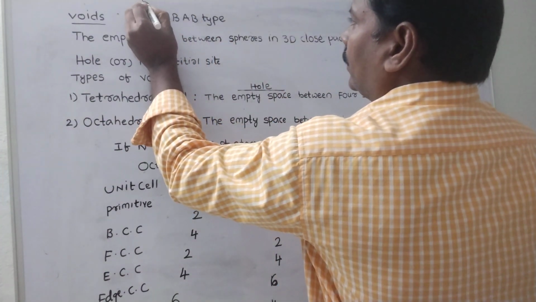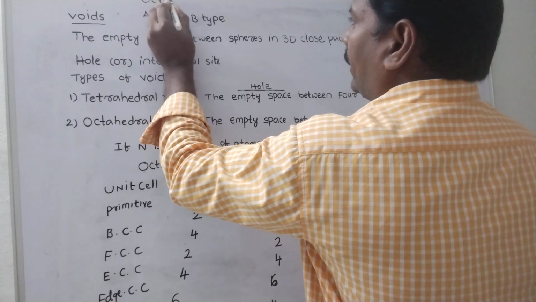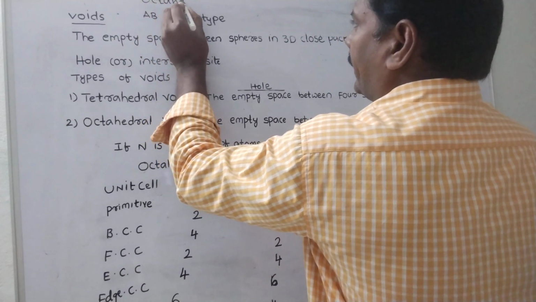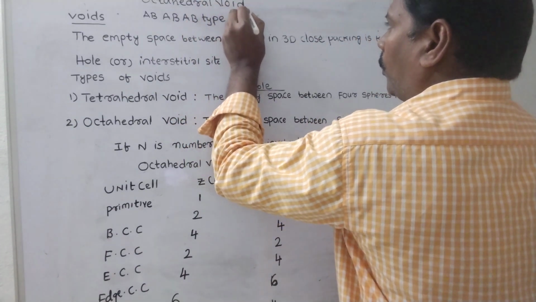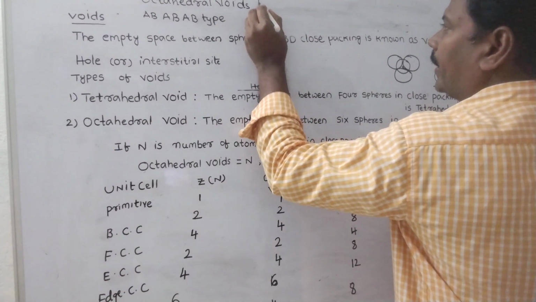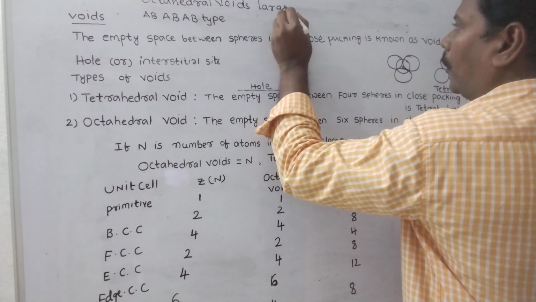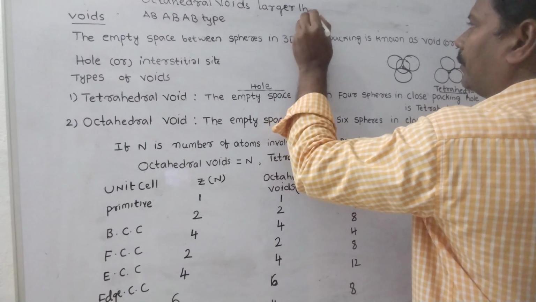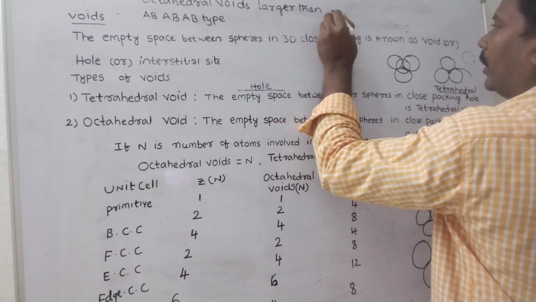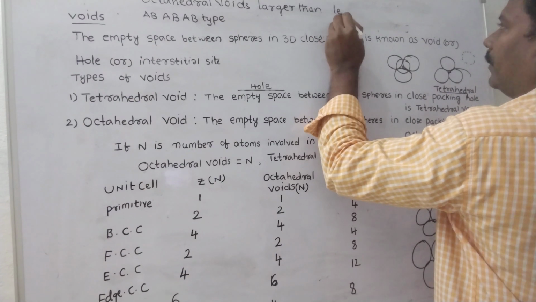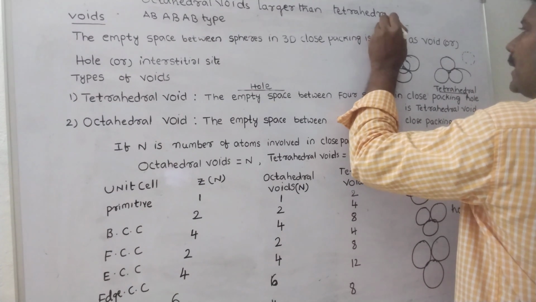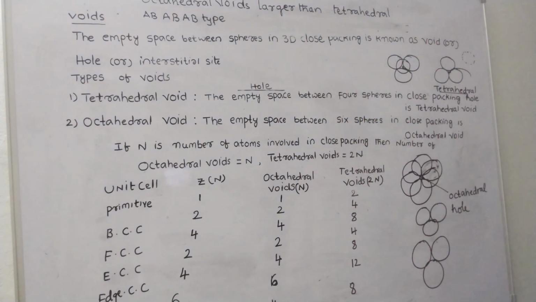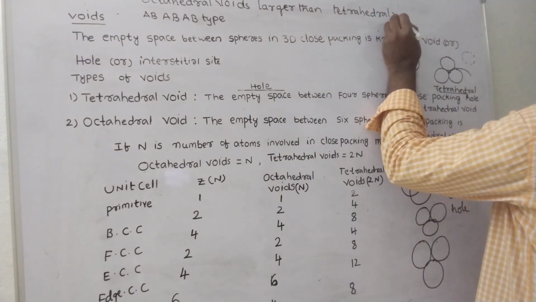How do we explain why the octahedral voids are larger than the tetrahedral voids?